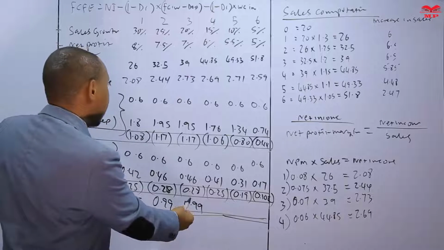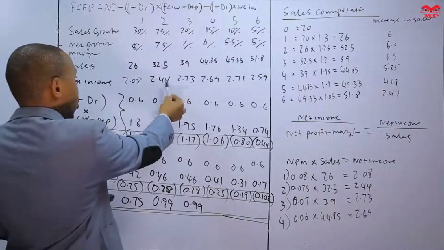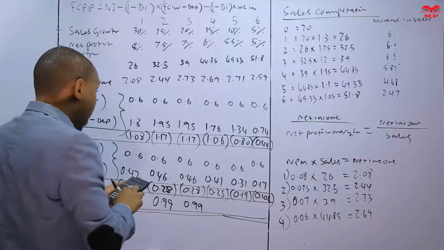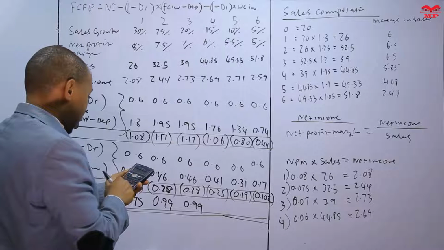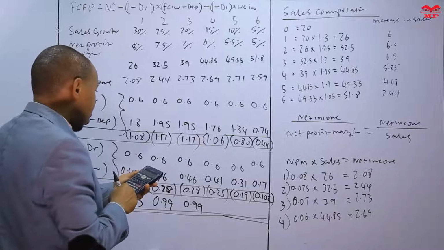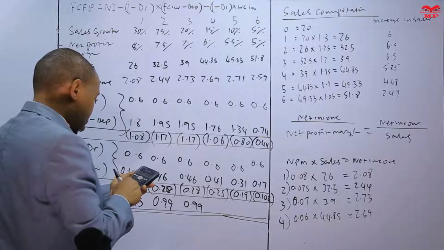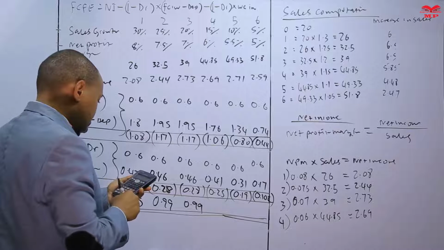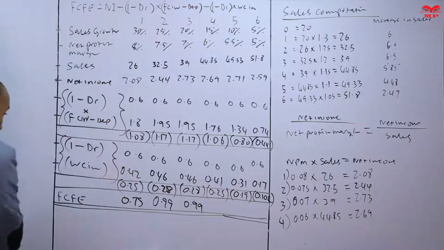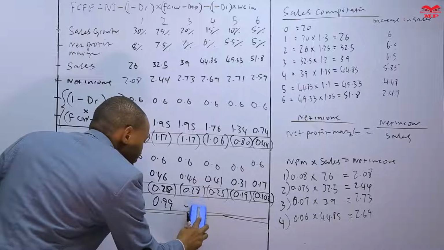Or is it going to be the same? I don't think it's going to be the same. I was assuming that it is the same, so let me rub off that. Let's see the correct value. 2.73 minus 1.17 minus 0.28 gives 1.28. We have 1.28 there.